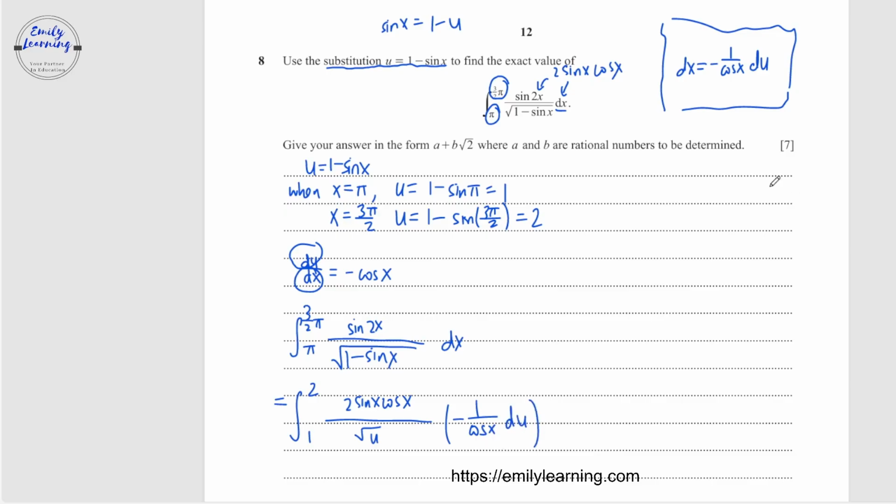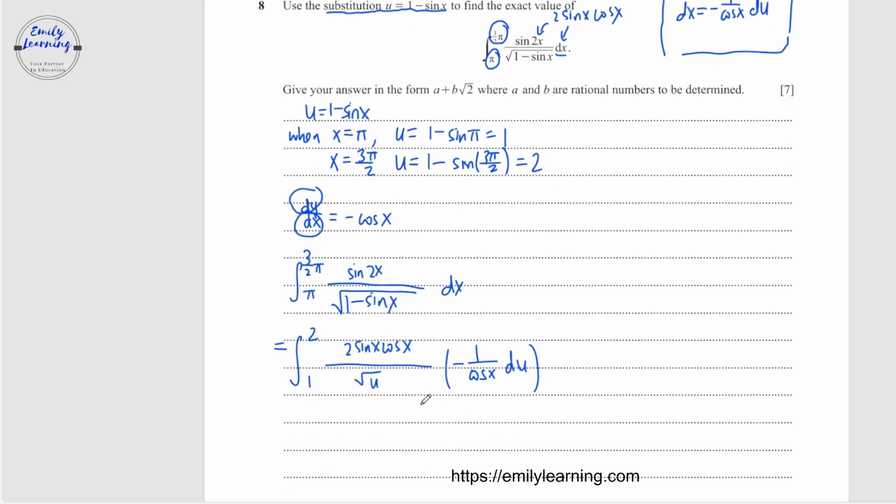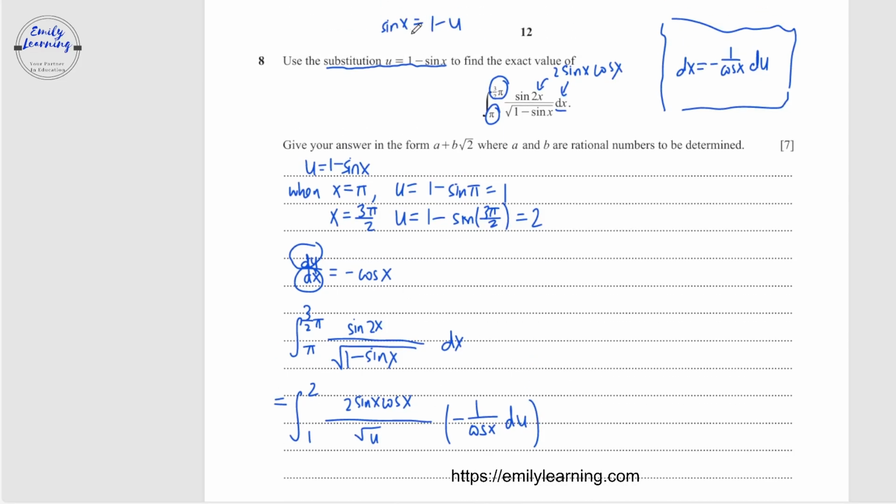Notice why I say don't change this first: because we can cancel off cosine x. So you don't need to go through the effort of finding what cosine x is. That is why we are doing it this way. And from many of the A-level papers that I see, most of the time you can cancel it off. So don't be anxious. First replace your dx with du, then see what you can cancel.